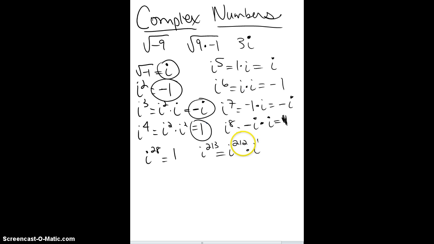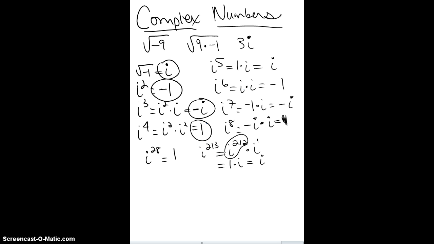That adds up to 213. And again, you can divide, and 4 goes in there 5 times, and then there's 12 left over, and obviously 4 goes in that also. So this part of this is going to be 1, and then we have an I left over, so the answer is I.